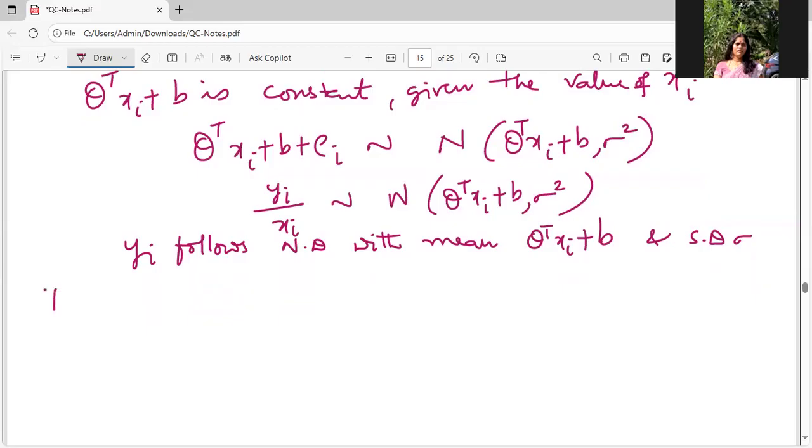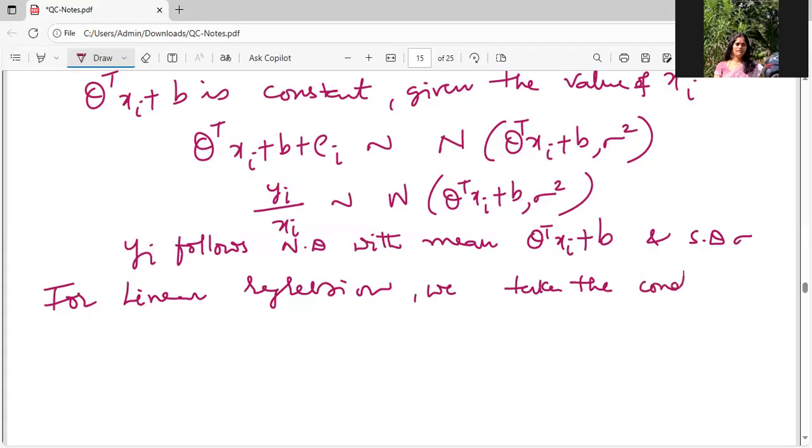For linear regression, we take the conditional mean of the distribution as our prediction.